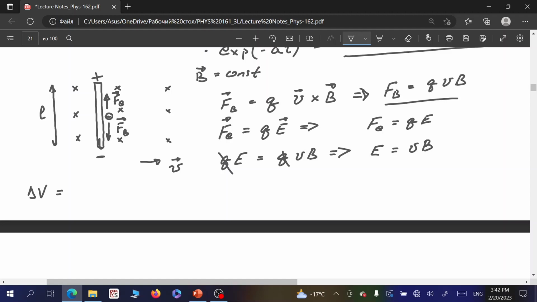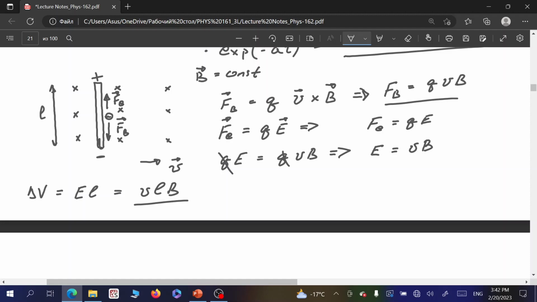Yes. So we get E times L, and that will be equal to V times L times B. So that is the induced potential difference, or so-called motional electromotive force, which is induced in this conductor.